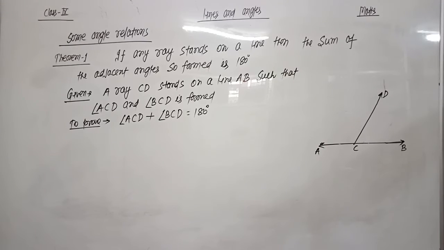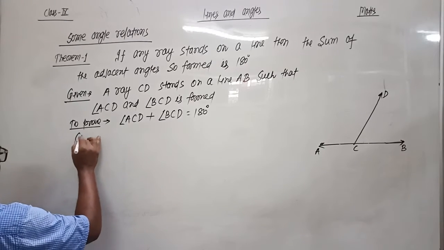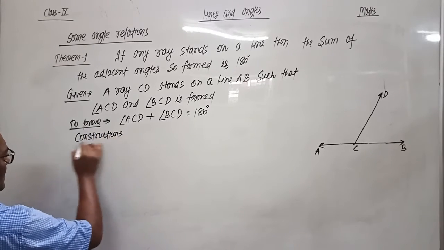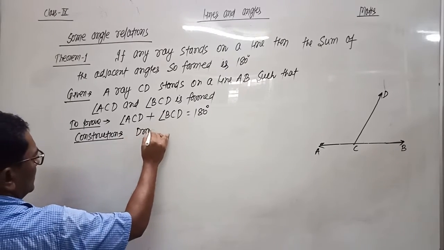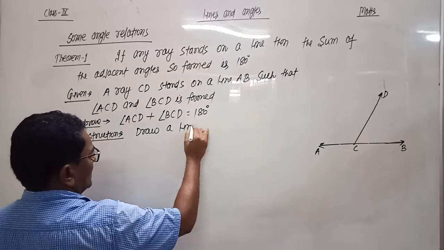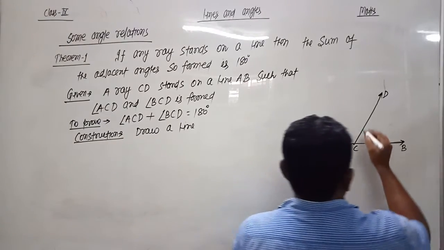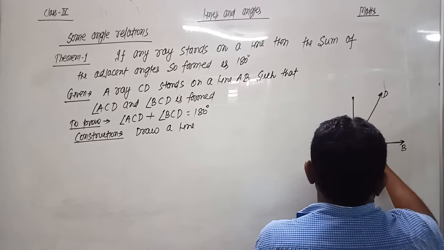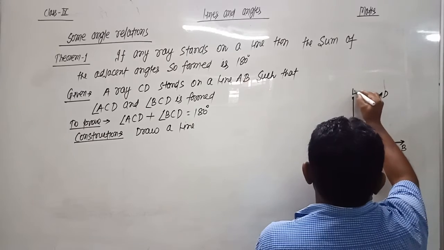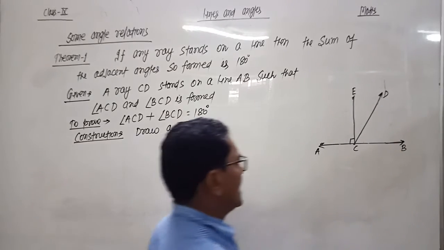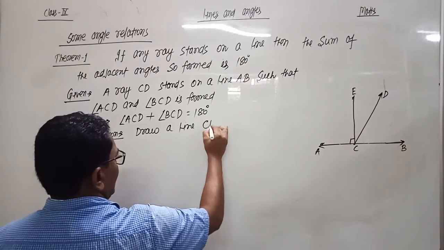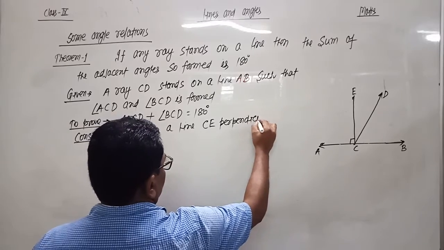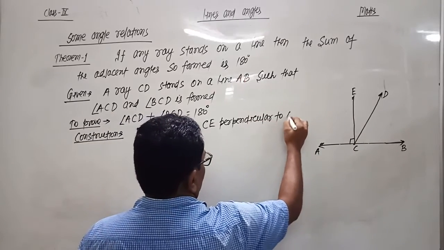Now we write the construction. Draw a line CE perpendicular to AB, that is, 90 degrees.